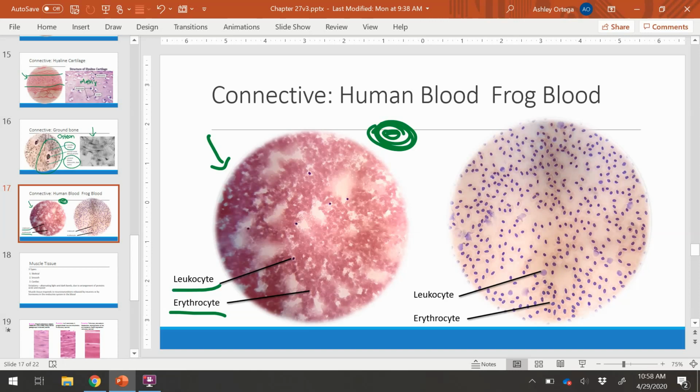You see these purple circles, and around the purple circle you might see a pinkish, slightly darker circle, and that is your erythrocyte, a red blood cell for the frog. The leukocyte here is completely purple. It's a little bit lighter in color and a much bigger circle. That is your white blood cell for the frog blood.